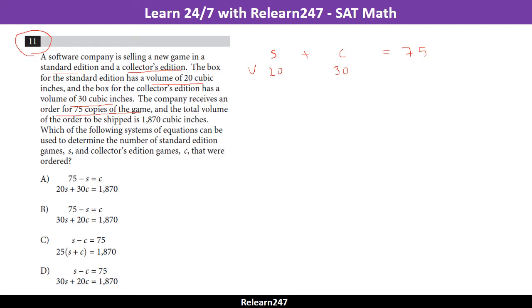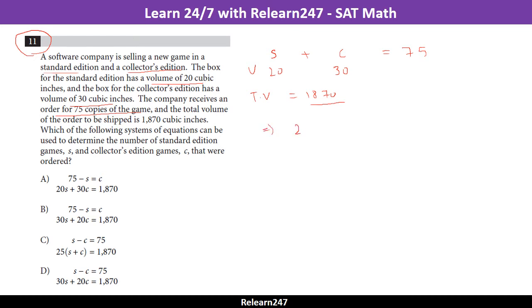Let's read further. The total volume of the order to be shipped is 1870 cubic inches. So the total volume for both of these should be equal to 1870. Suppose we have S boxes of standard edition and C boxes of collector's edition, how much volume would be required in total?